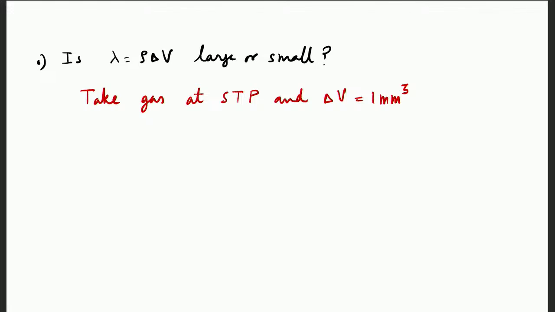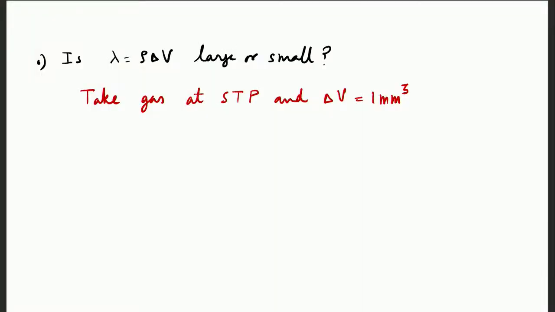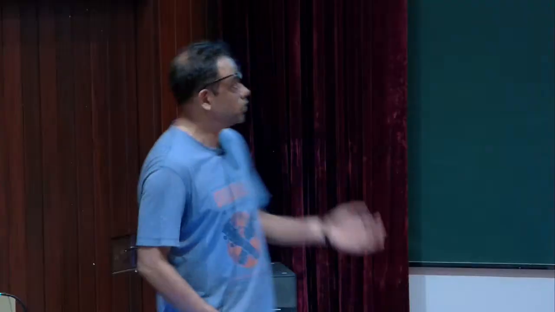Let us say our probe is really small. Our probe is 1 millimeter cube. I am sitting in this room, but our probe is a very small probe, 1 millimeter cube. What is rho delta v? What is lambda for this value, 1 millimeter cube? Can you estimate that? Rho delta v is the number of particles in the volume 1 millimeter cube.